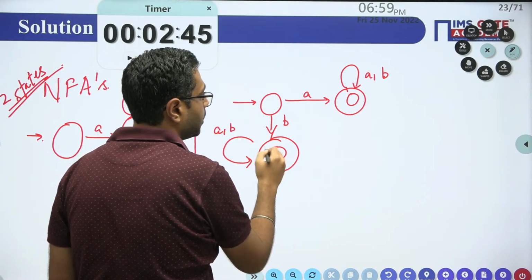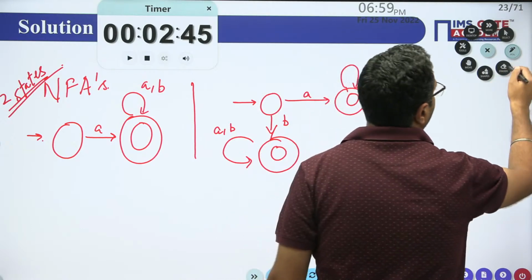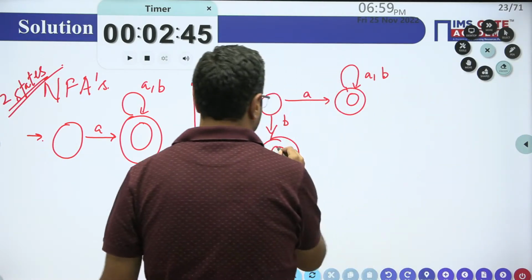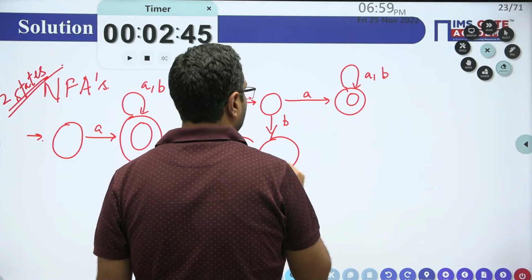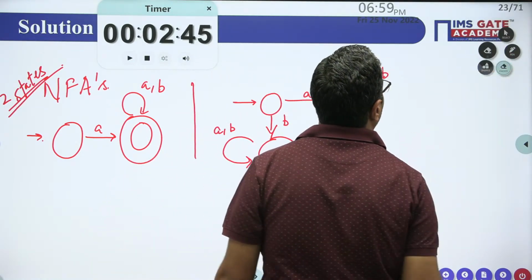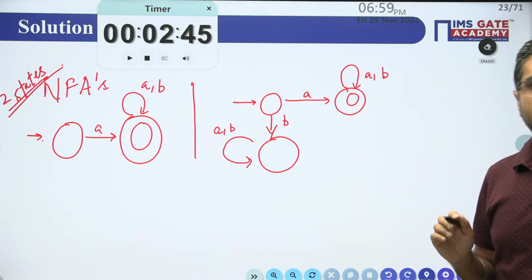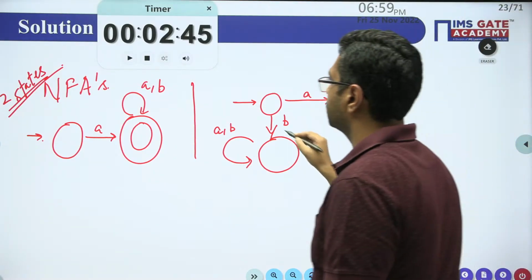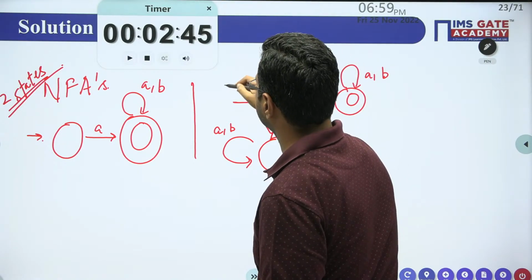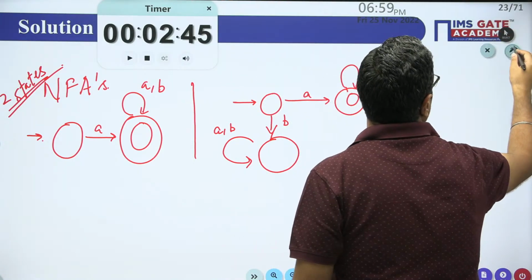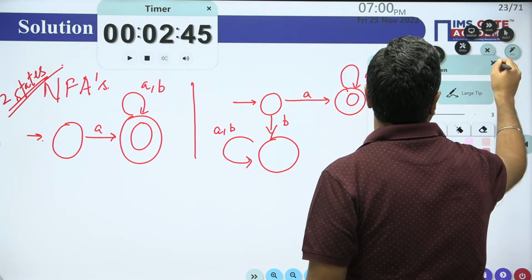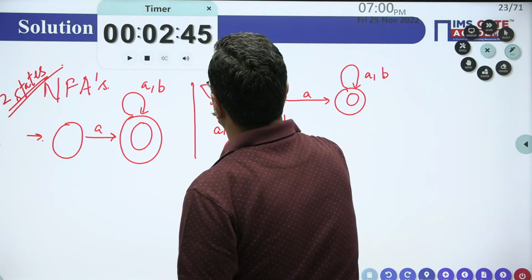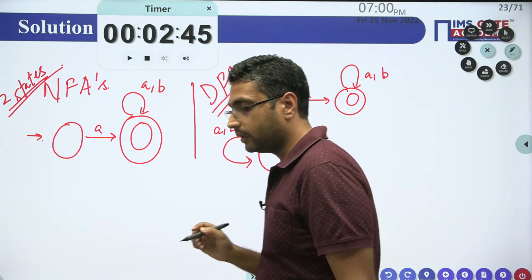Sorry, this should not be a final state, this is a dead state. Is it okay, guys? So this is how we make the DFA for this. The DFA will have 3 states for the same question.